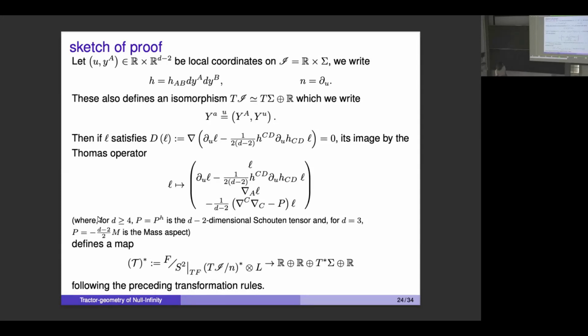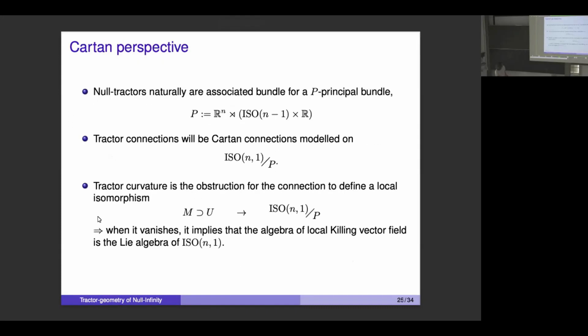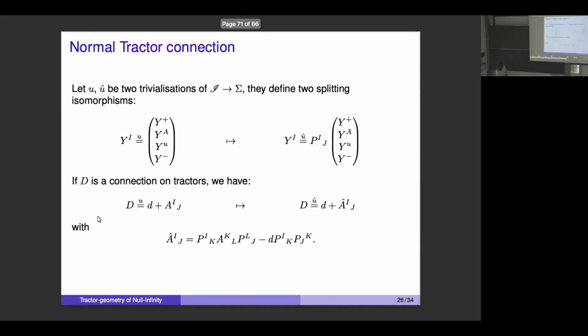And then any such scale can be uniquely lifted into a null tractor. It sort of gives you the isomorphisms, in the sense that it tells you that you can identify this second order jet bundle with your split bundle by using this Thomas operator. Okay, yeah, and again, another picture is that null tractors are an associated bundle for this P, which was the stabilizer in the homogeneous model.